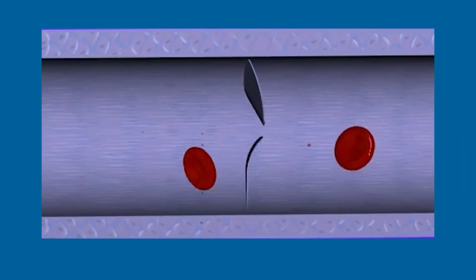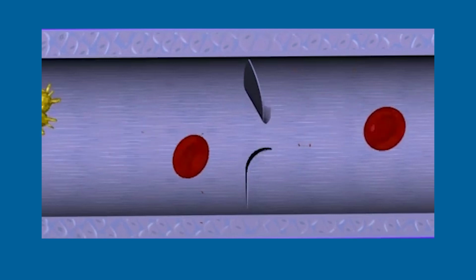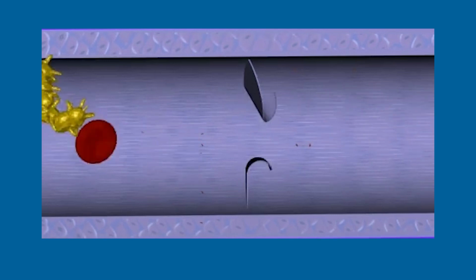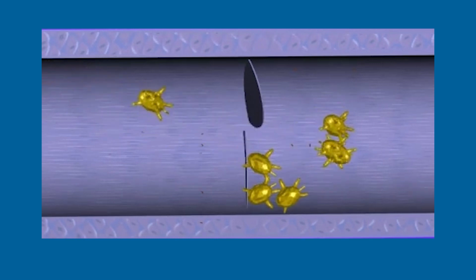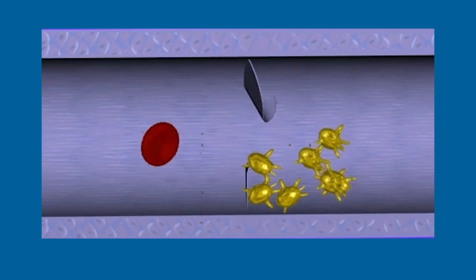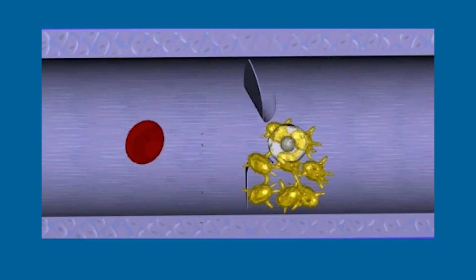So to start, we're looking at a vein in the leg. And as you can see here, there are valves in those veins that help keep blood flowing in the right direction. But anytime there could be an injury or inflammation, we start to see some of those inflammatory cells attract together with the platelets, and they often get stuck behind the valves in the vein.